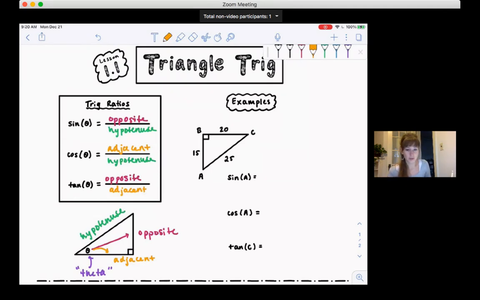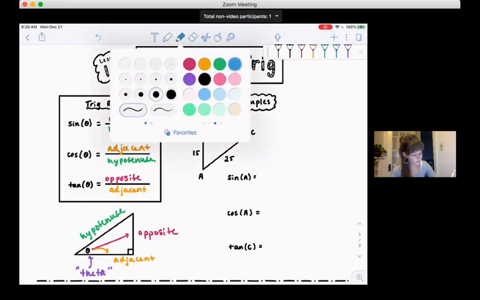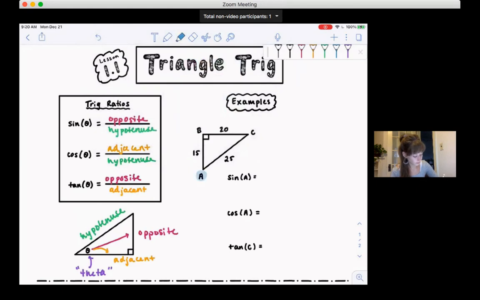Let's do a couple examples. Let's start with angle A, sine of angle A. Angle A is here. Across from angle A is 20, so 20 is our opposite side. Next to angle A is the 15, so that's our adjacent side. 25 is across from the 90-degree angle, so that's the hypotenuse.